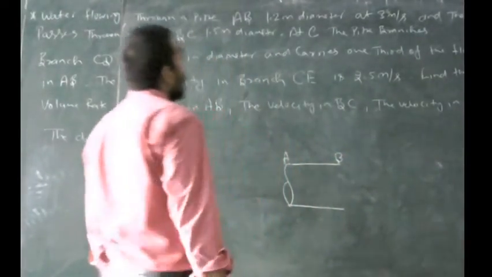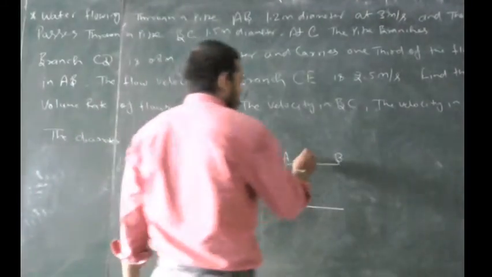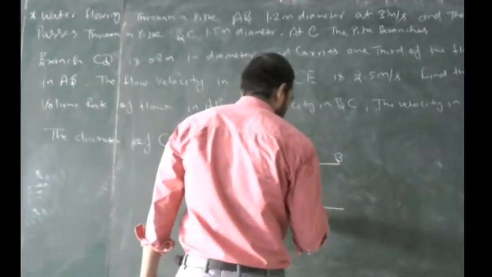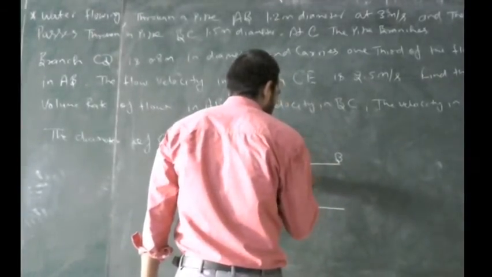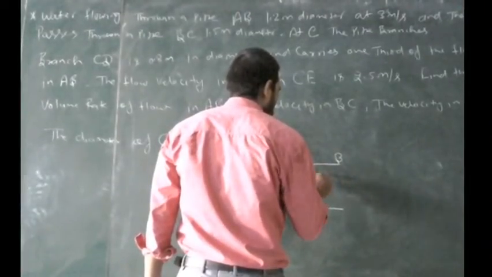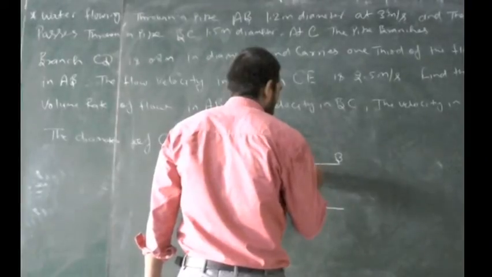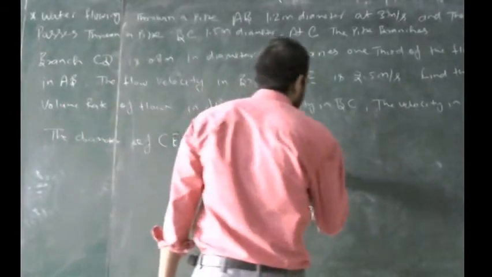Is that clear? 1.2 meter diameter. The diameter of AB is 1.2 meter.